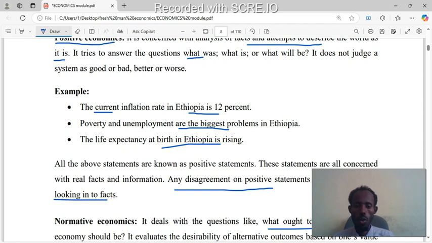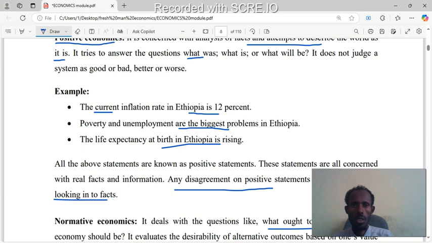Another point on positive economics is that any disagreement on a positive statement can be checked by looking into fact. If you disagree with a sentence, the option is to go to the fact, searching for facts on the life expectancy of Ethiopia, whether it is rising or decreasing. Is poverty and unemployment the biggest problem in Ethiopia? You can check it by collecting facts. Again, the current inflation rate in Ethiopia is 12%.